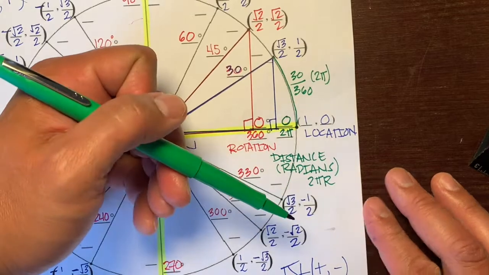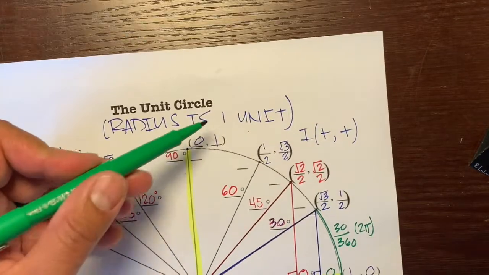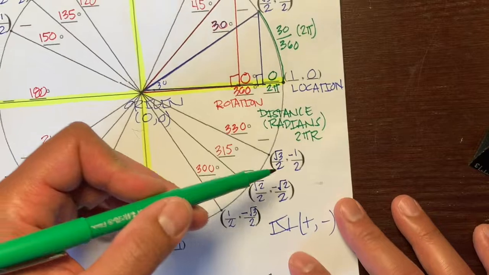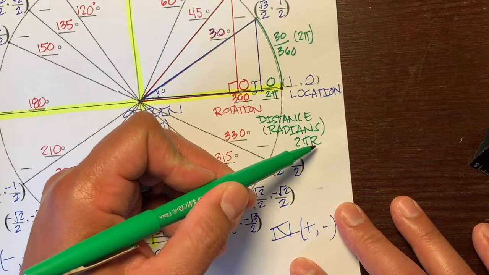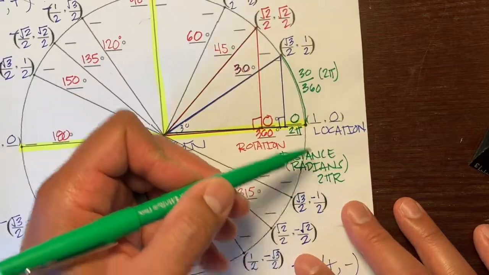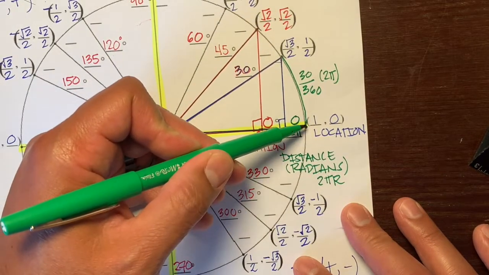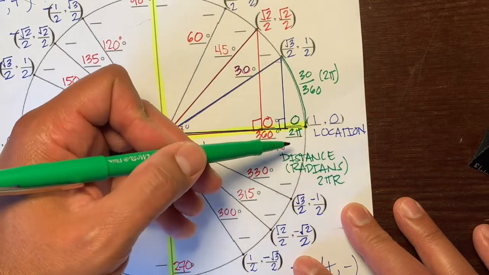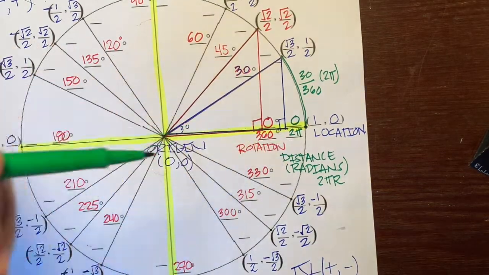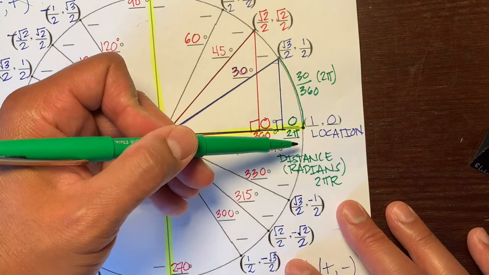Because this is the unit circle, the radius is 1. So plugging in 1 for r, it's 2 times pi times 1, which is just 2 pi. So the distance going all the way around is 2 pi. This is really important. So we have 0 and we have 2 pi.